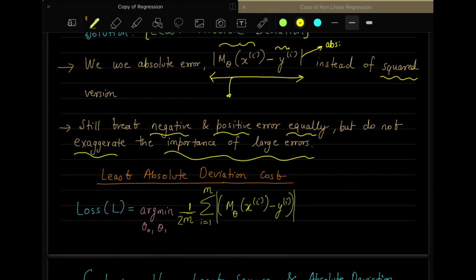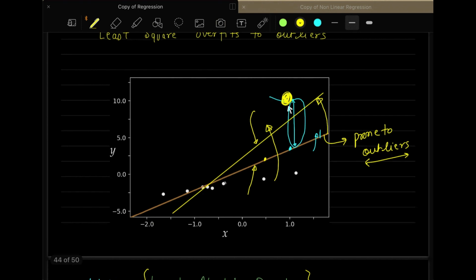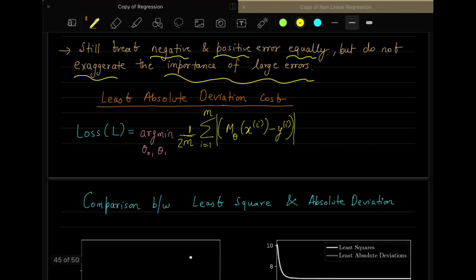Once you do not square this, the large errors will not be amplified. So the errors, whether due to the outlier or because of the distribution that you have here, will all contribute equally. We call this type of cost function the least absolute deviation cost, and you do not square it, just to avoid this outlier situation.